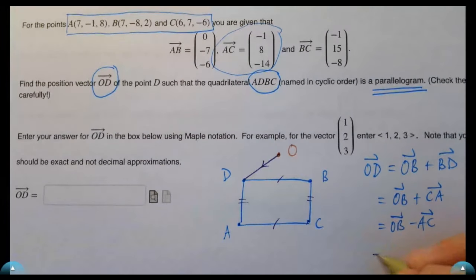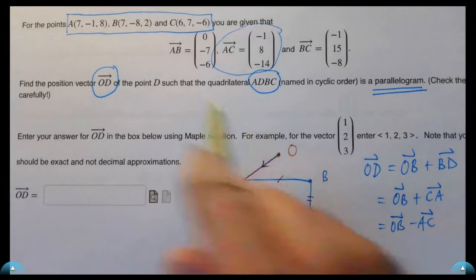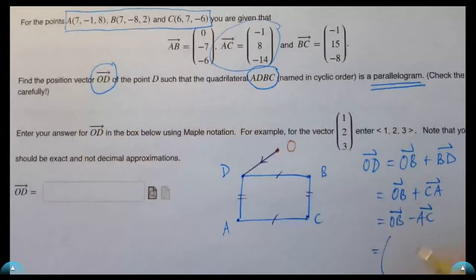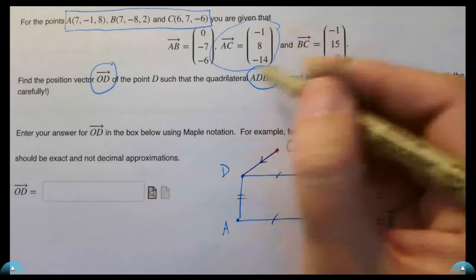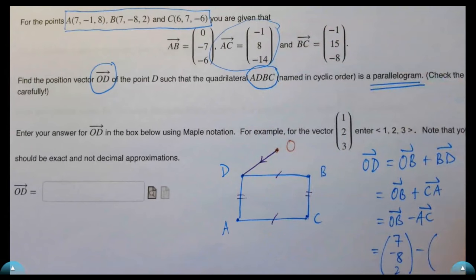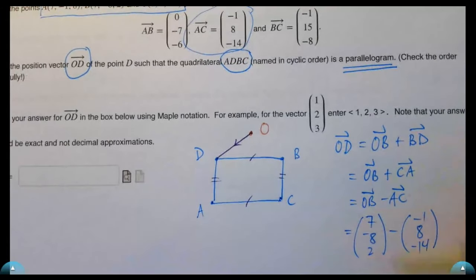Okay, so the vector from O to B is just this. And the vector negative AC, well, that's just this. So we want to simplify this now.